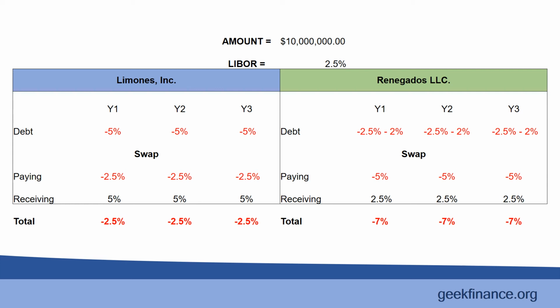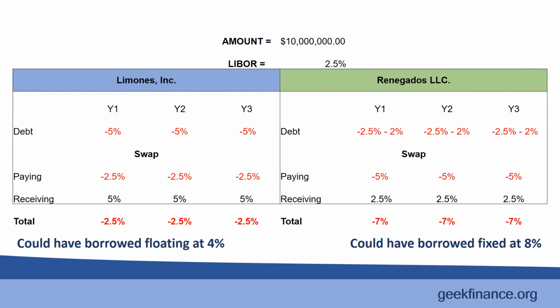Renegados, on the other hand, has effectively gone from a floating rate to a fixed rate. They are still paying their floating rate interest payments, but these are compensated by the cash flow generated by the swap. So if LIBOR goes up by 1%, the cash flow from the swap goes up by 1%, canceling it out.